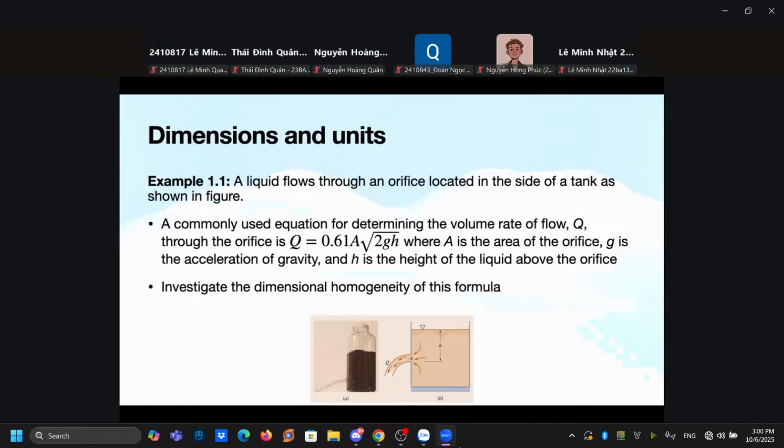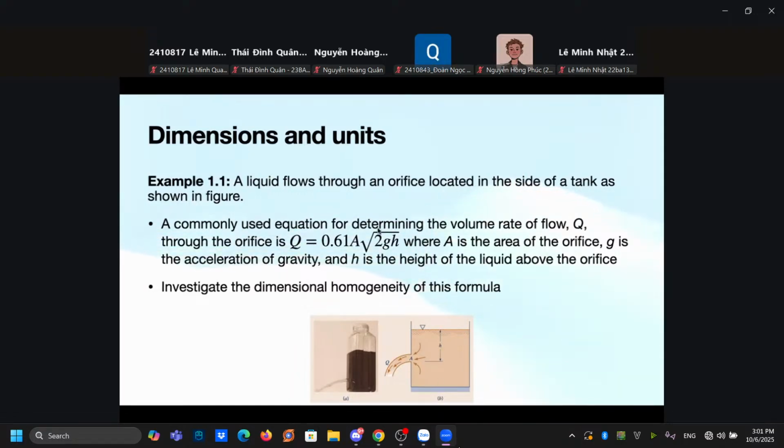Now let's try to apply this on an exercise. We have a liquid flowing through an orifice, or a hole, located inside a tank. This is a diagram of the problem.